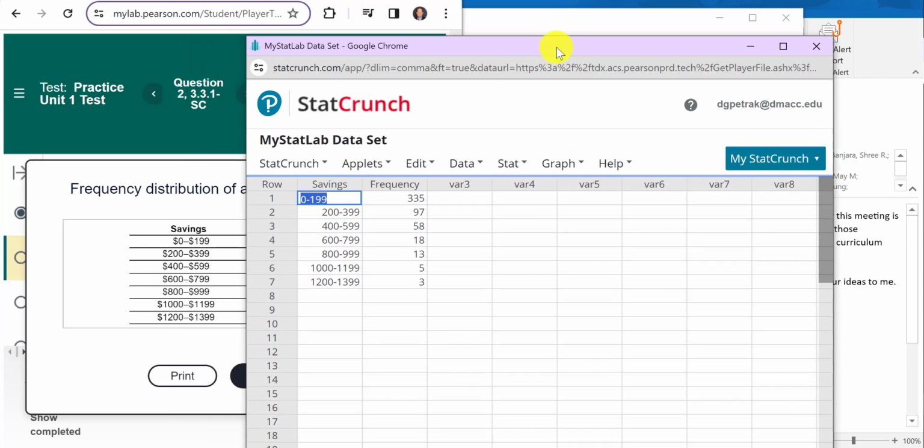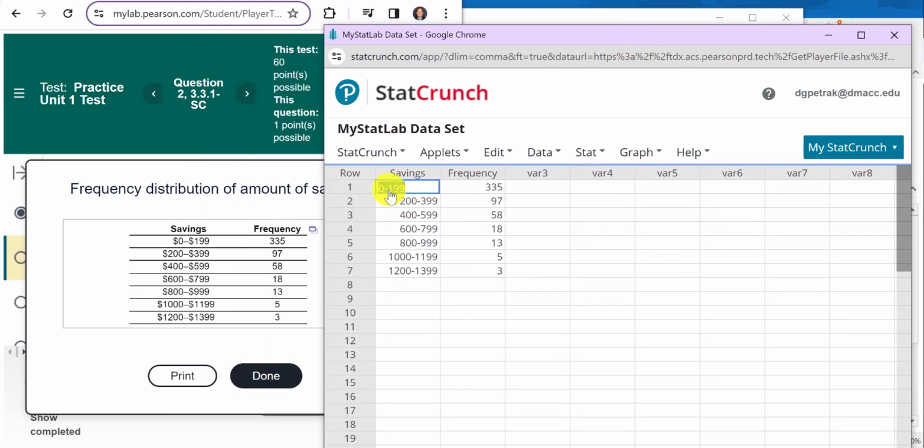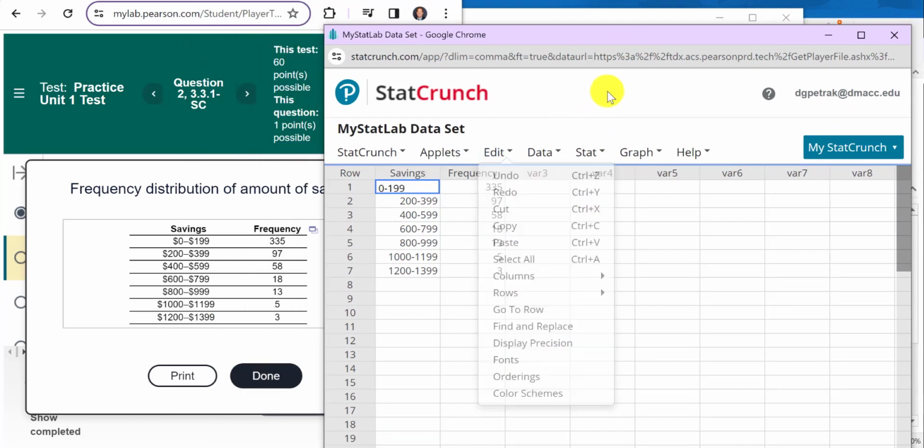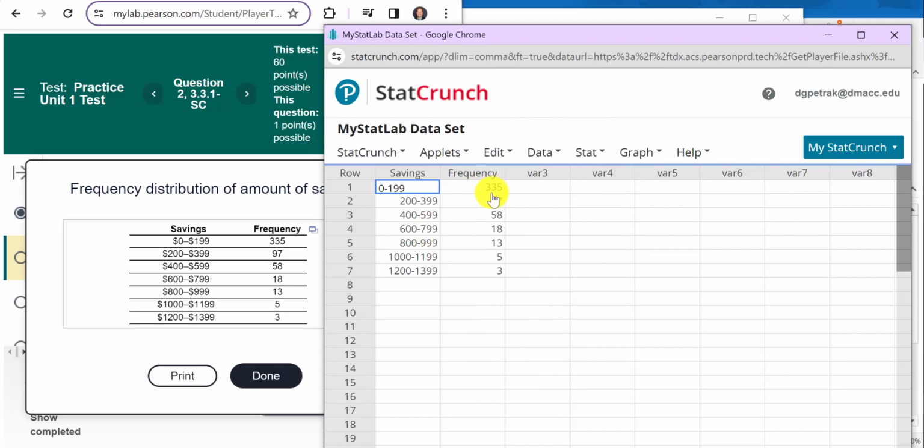So I want to find the mean and standard deviation essentially of this distribution. Since we don't have the raw data, we just know there's 335 scores in that range. So we can do it a couple different ways. We can say we have 335 scores that are in the middle of that range, or the midpoint between the classes.